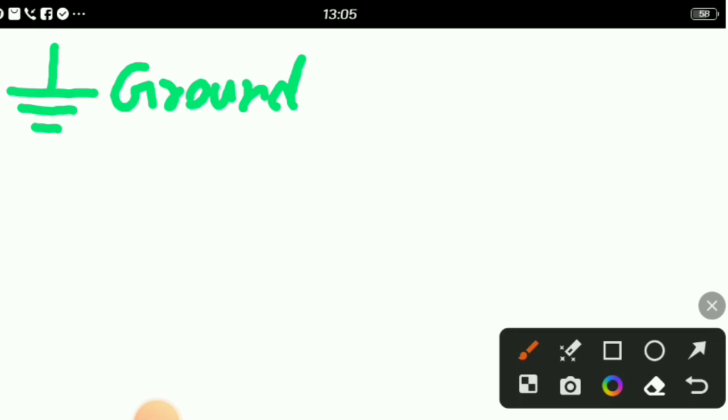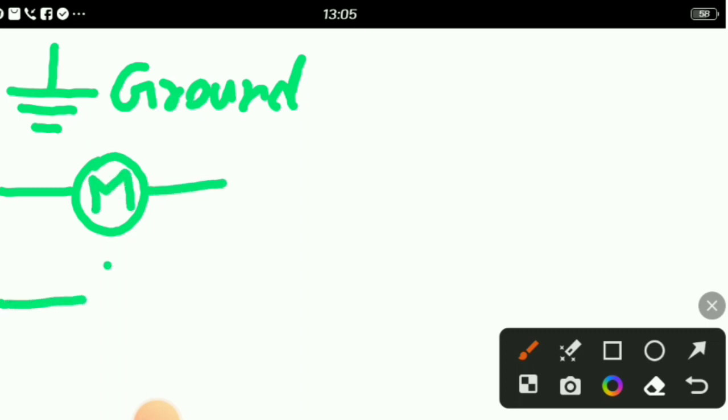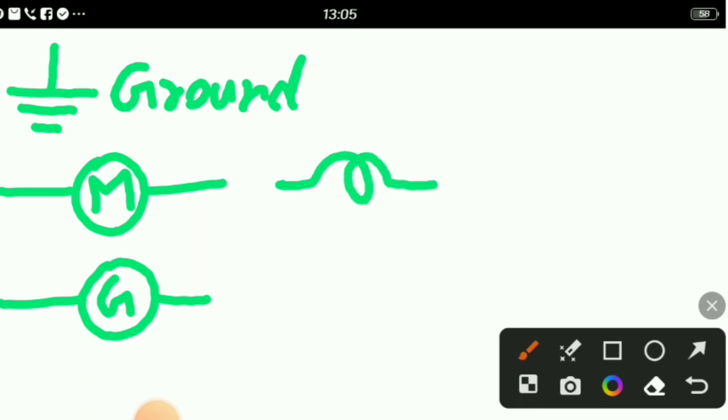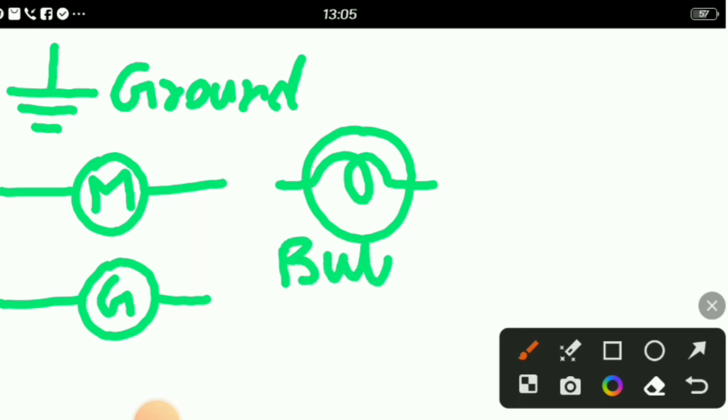Now motor represented by, generator is represented by the symbol this. Now bulb, a bulb is represented by the symbol, this is the symbol of bulb.